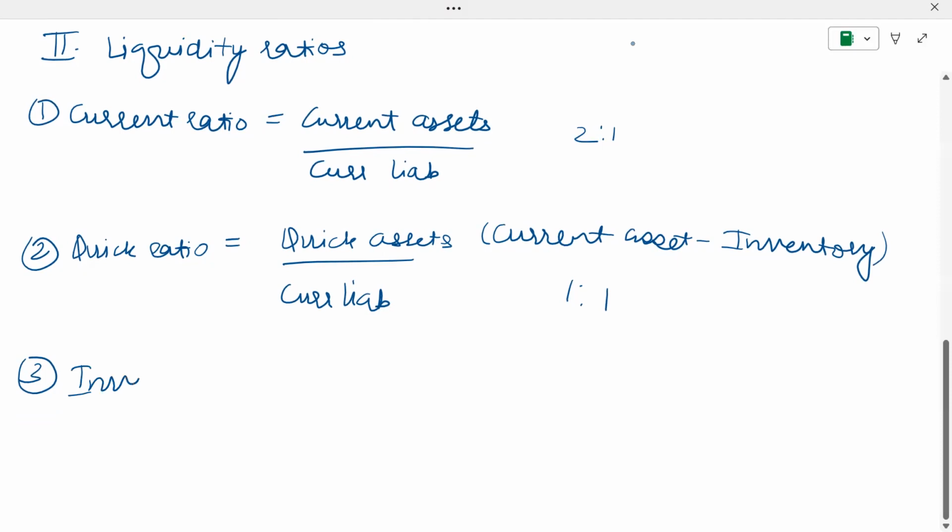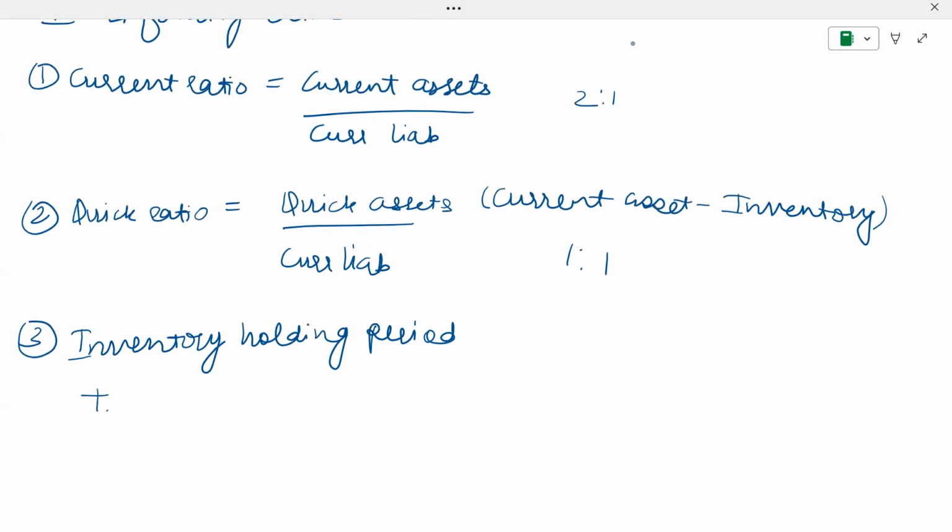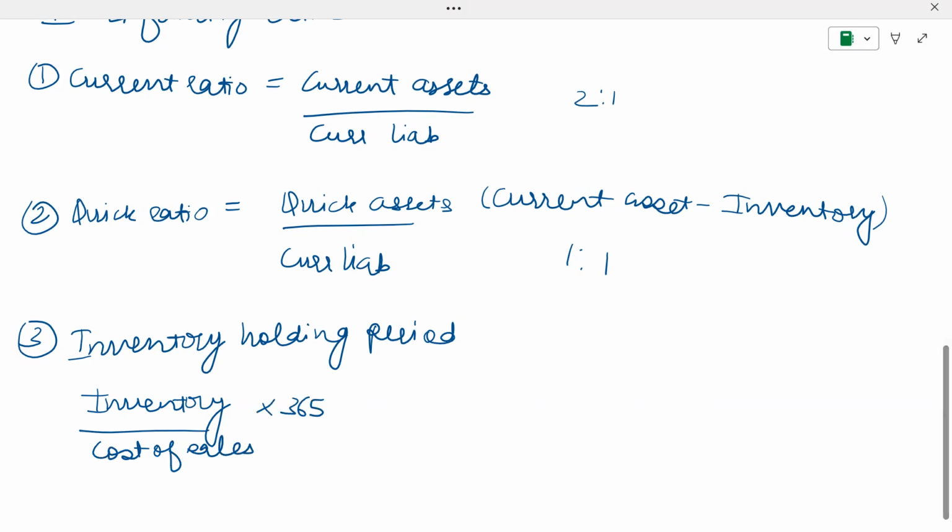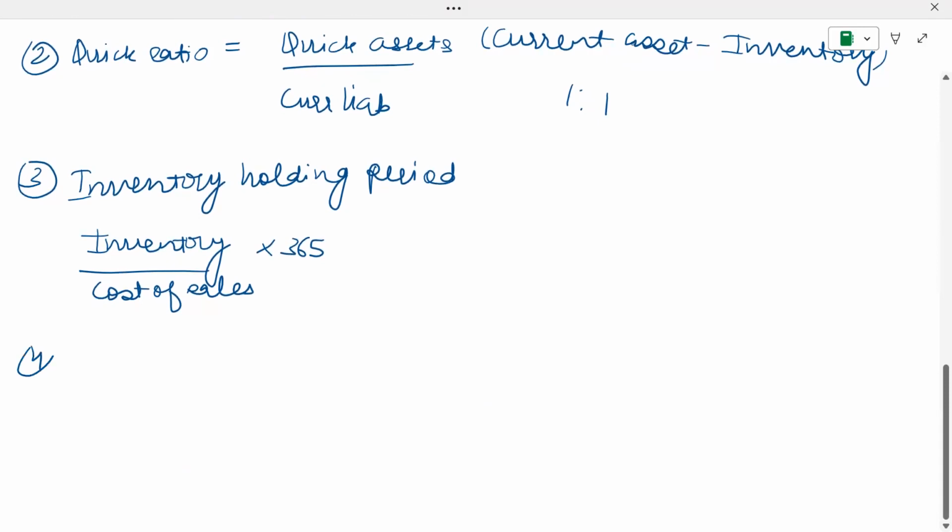Then you can talk about inventory holding period. For how long is the inventory with you in the storage before you actually sell it? So that will be inventory divided by cost of sales multiplied by 365. This is going to give you an answer in days.